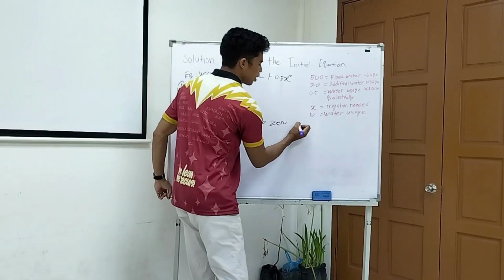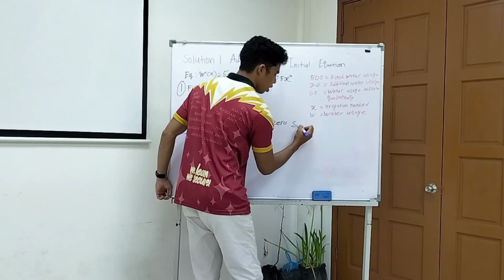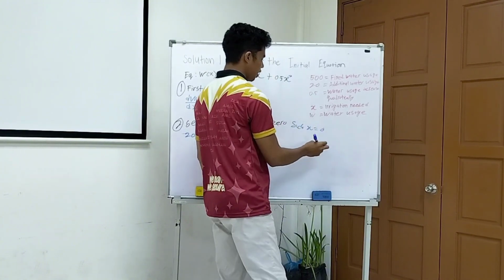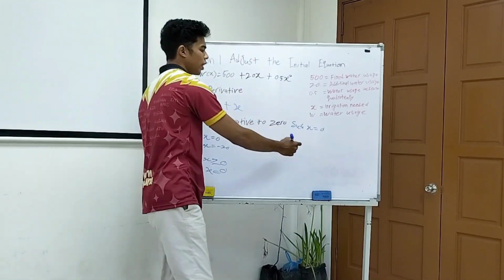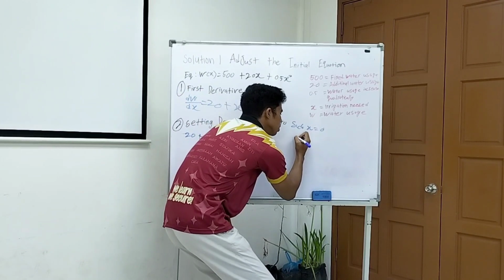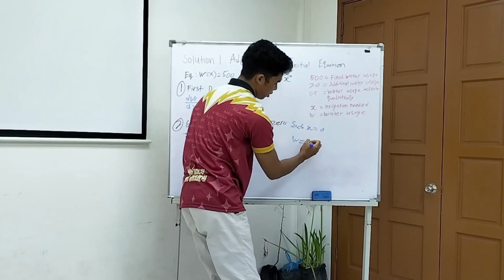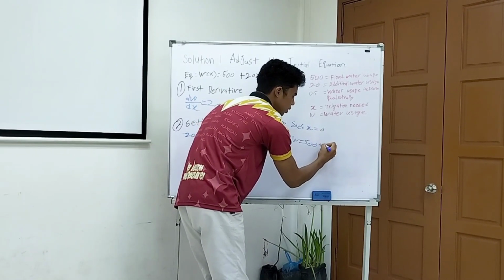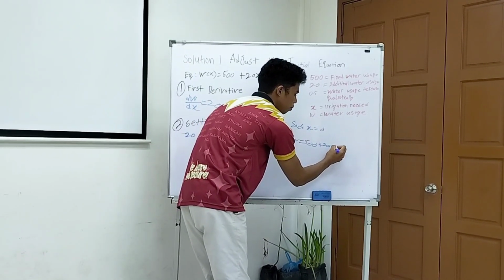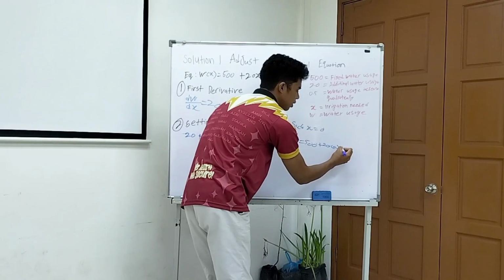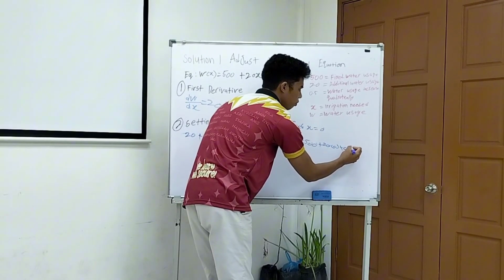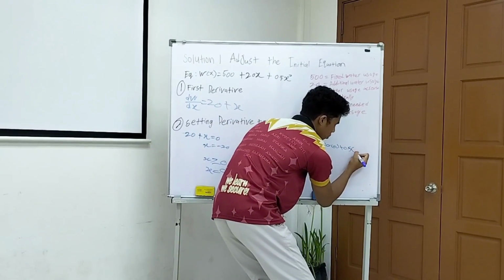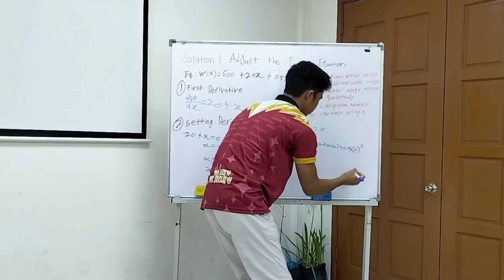When you substitute x equals 0 into the equation, you will get W equals 500 plus 20(0) plus 0.5(0) to the power of 2.